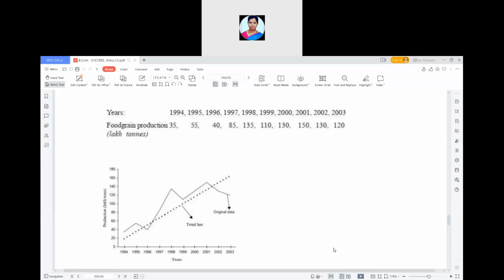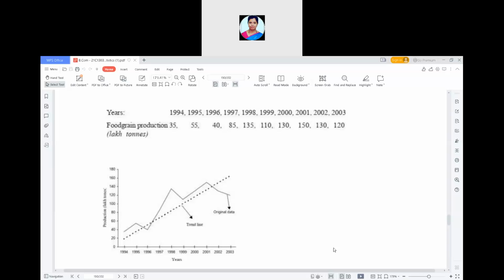Now we are going to plot the points: 1994, 35; 1995, 55; 1996, 40; 1997, 85; and likewise, the last value 2003, 120.